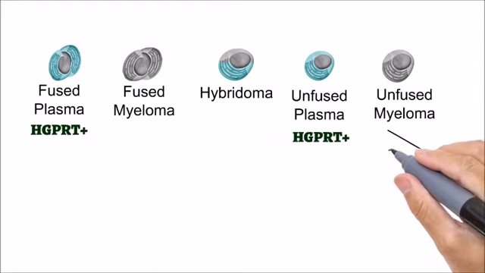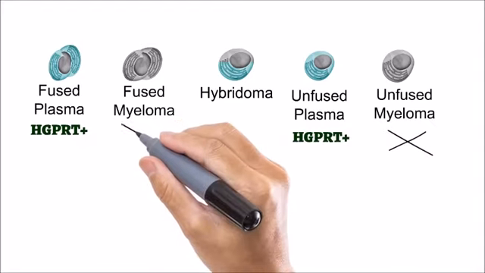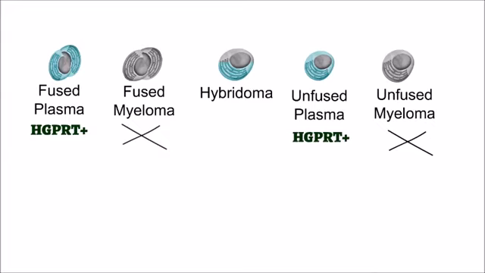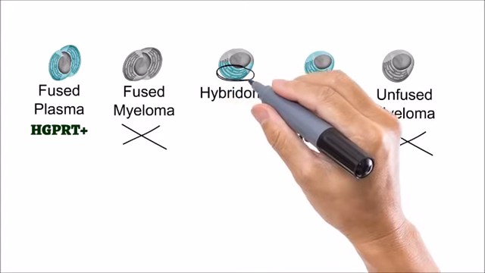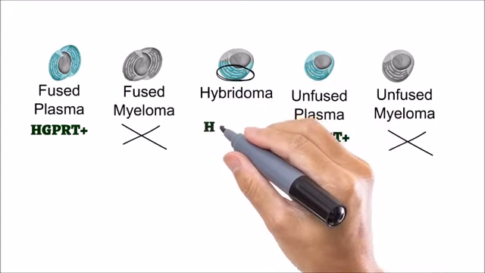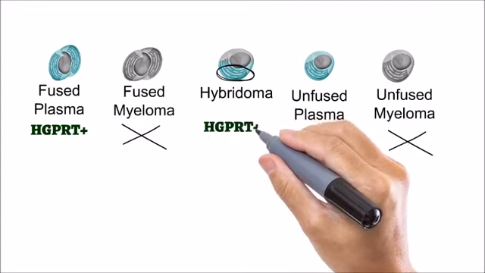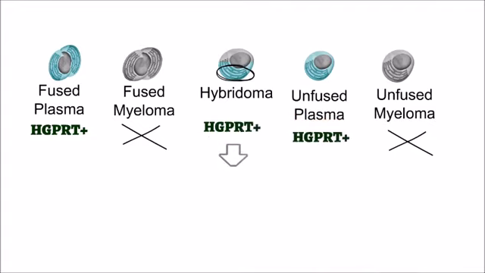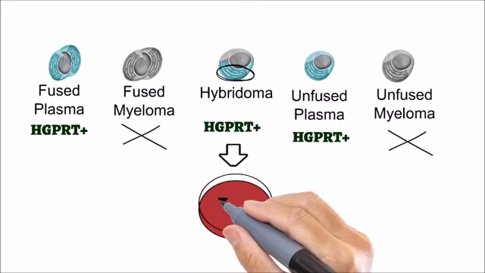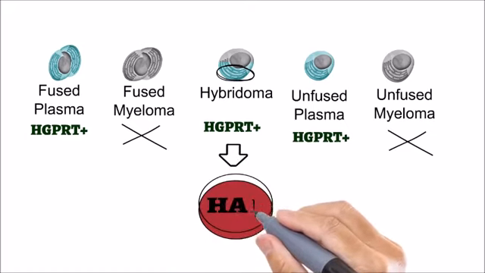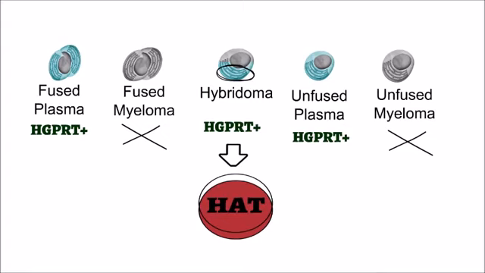Myeloma cells don't have the HGPRT enzyme, and therefore fused myeloma cells will also lack it. What about hybridoma? In the case of hybridoma, one parent cell is a plasma cell, and therefore it will have the HGPRT enzyme. Correct? Now, what will happen if all these 5 different kinds of cells are transferred onto the HAT media?